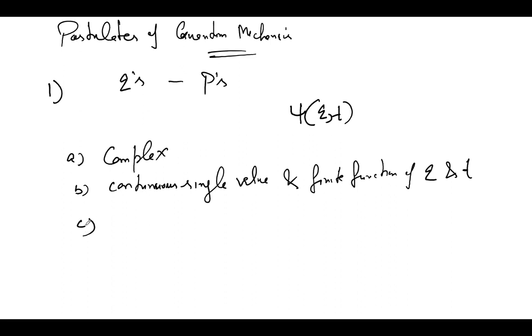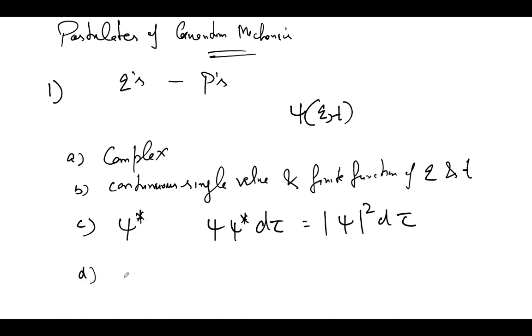Third property: if psi star is considered as the complex conjugate of psi, then psi into psi star present in a unit volume, that is equal to psi squared into delta tau, which is known as the probability density of the particle. That is the probability that the system will be found within the volume delta tau at time t.